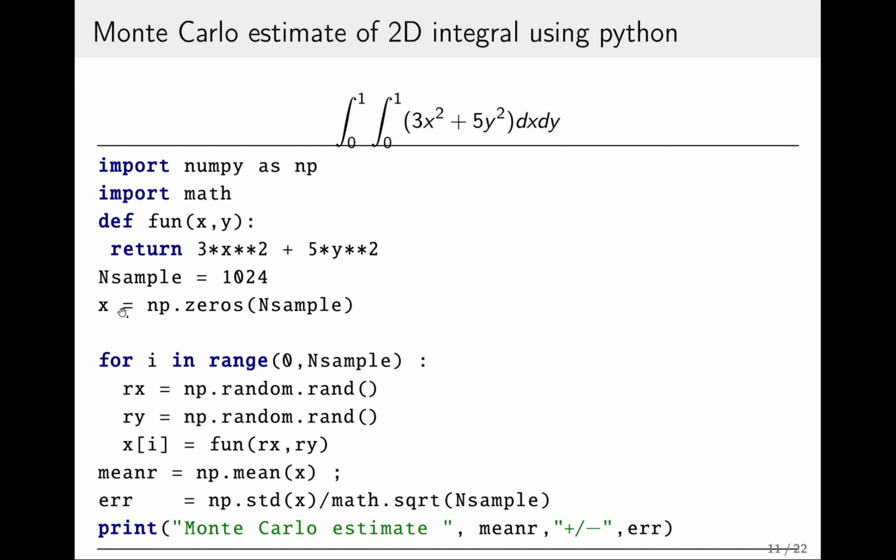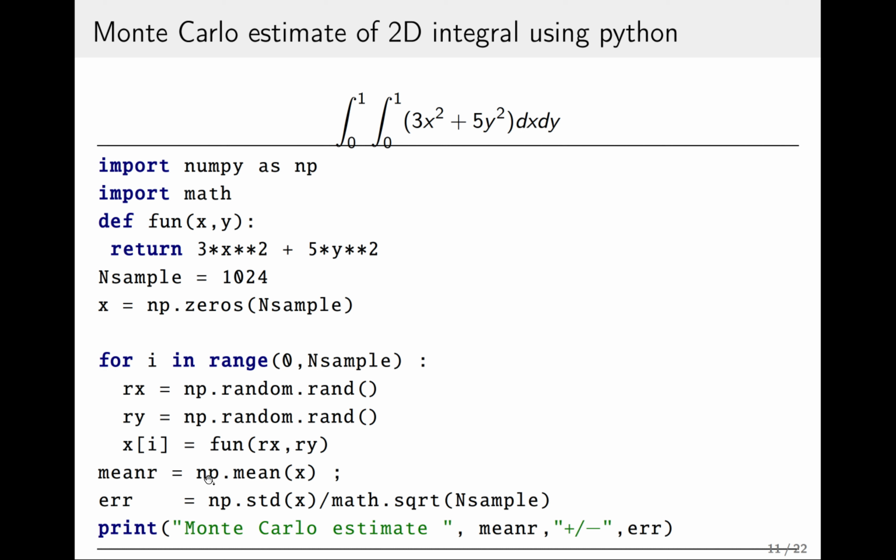We create a storage vector x for the 1024 numbers. Now our function depends on x and y. So we loop over the number of Monte Carlo samples, 0 to n sample. We generate 2 random numbers, one for x and one for y. And then we apply the function and store it in this vector x.